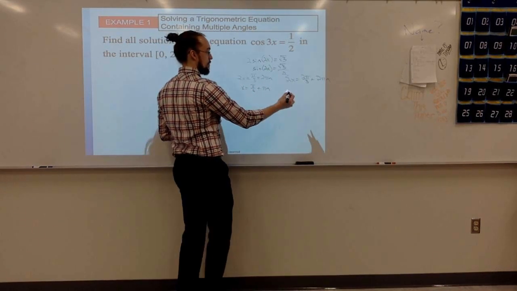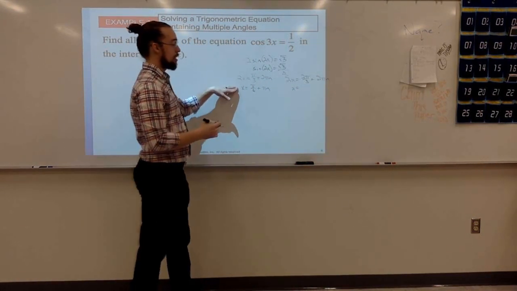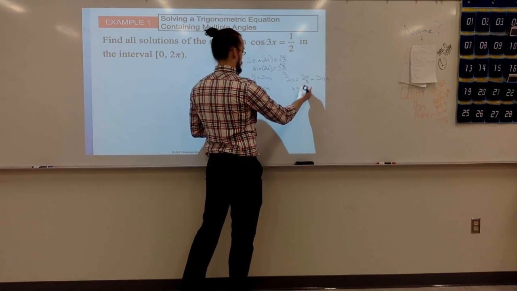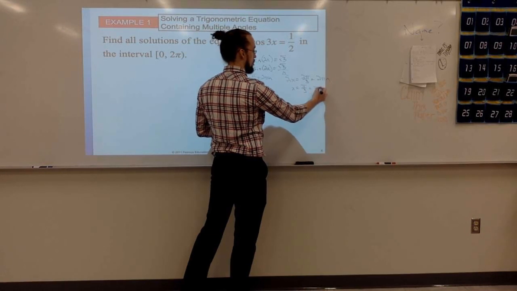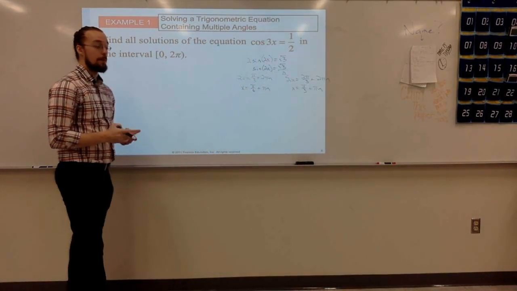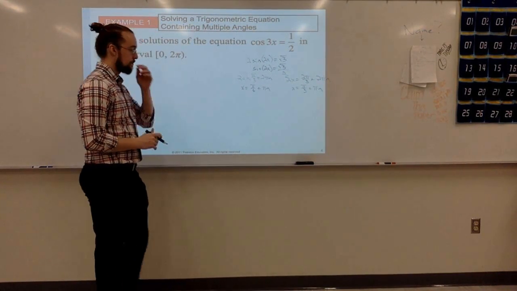You don't actually do anything. Well, if we were just asked, that's where you plug in the number. Oh. So it's just going to be 2 pi over 6 plus pi n. Or 2 pi over 6 would reduce to 2 pi over 3.